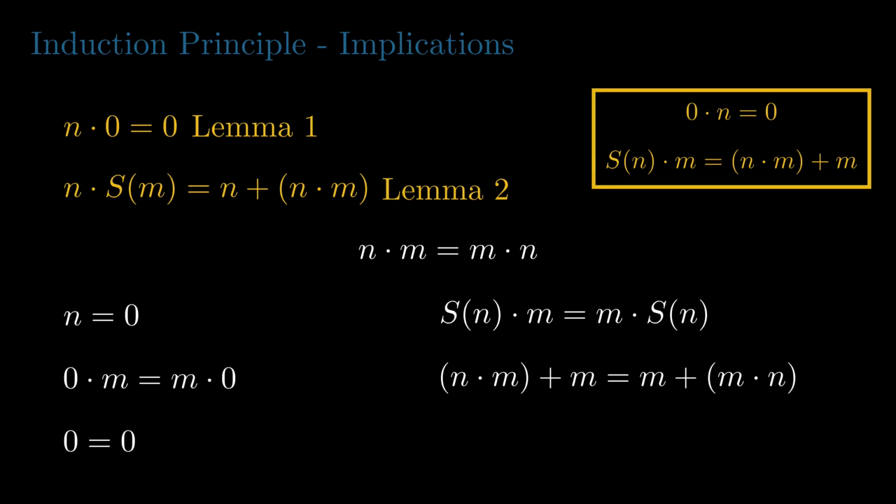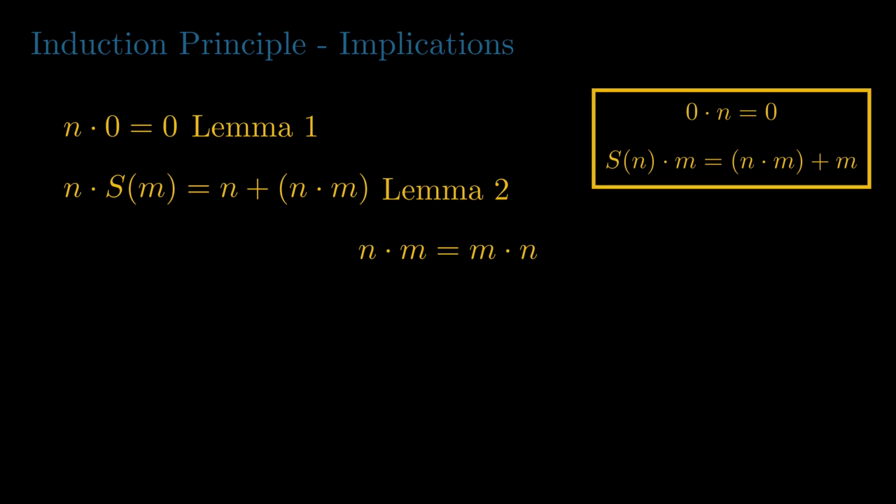So we can change the equality into n times m plus m equals m plus n times m, and it is verified thanks to the commutation of addition. As a last remark, keep in mind everything we touched here derives from the sum operation and ultimately from counting forward using the successor operation.